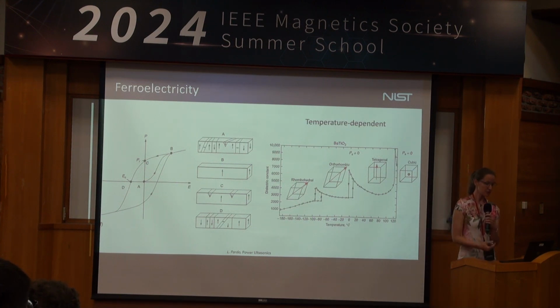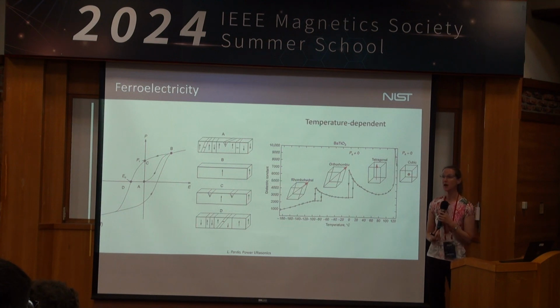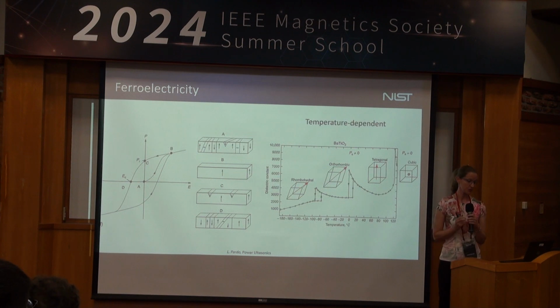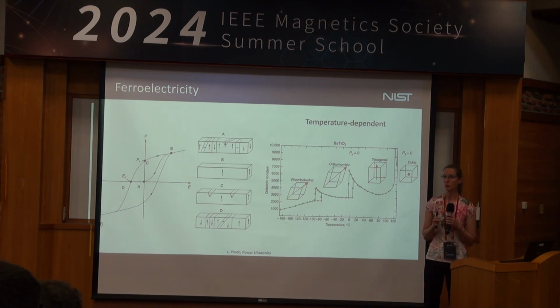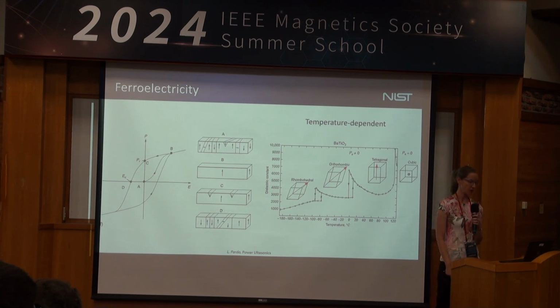Probably the most famous class of ferroelectrics are the perovskites, of which bismuth ferrite is the best one. It has the largest polarization along its pseudocubic 111, on the order of 90 to 95 microcoulombs per centimeter squared.